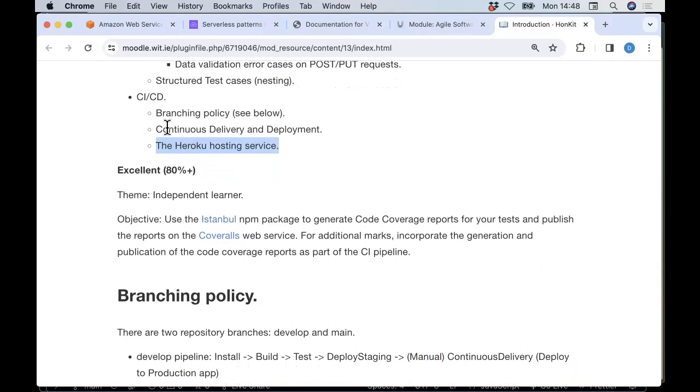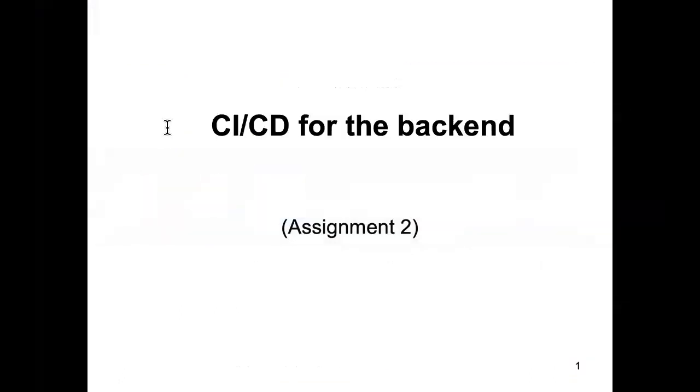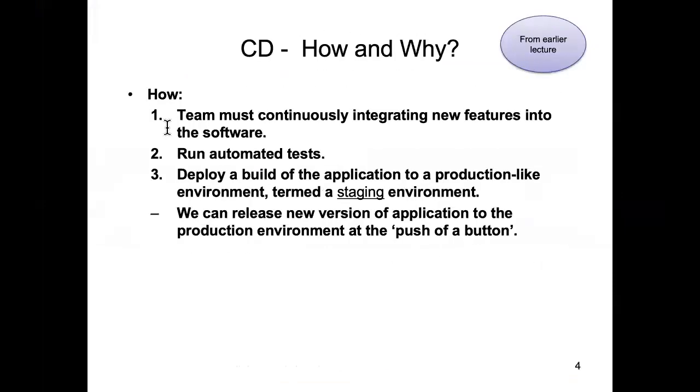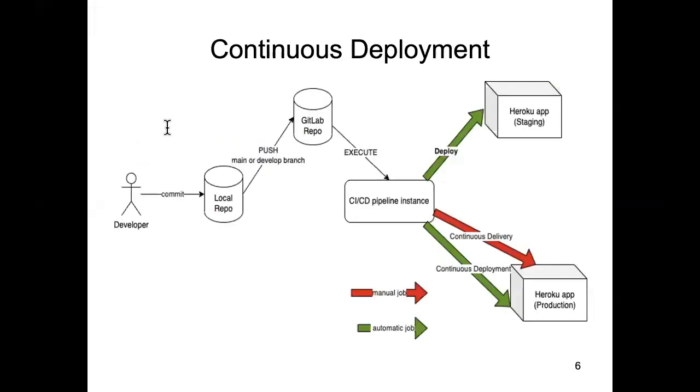Maybe I should just flip over to expand on that point. These are the slides that we went through last week. And if I fast forward to here, okay, so I explained this diagram to you last week. And the purpose of the diagram, from my point of view, was contrasting continuous delivery versus continuous deployment.